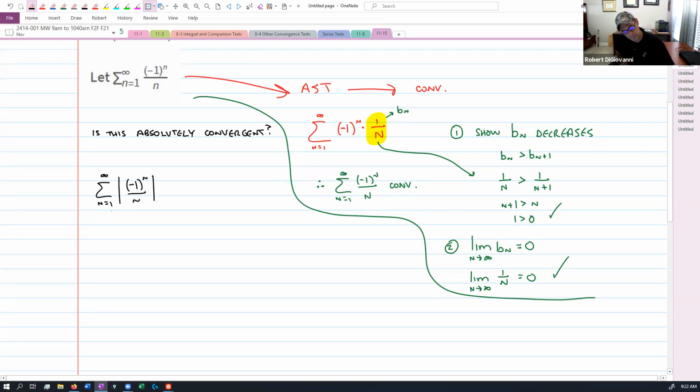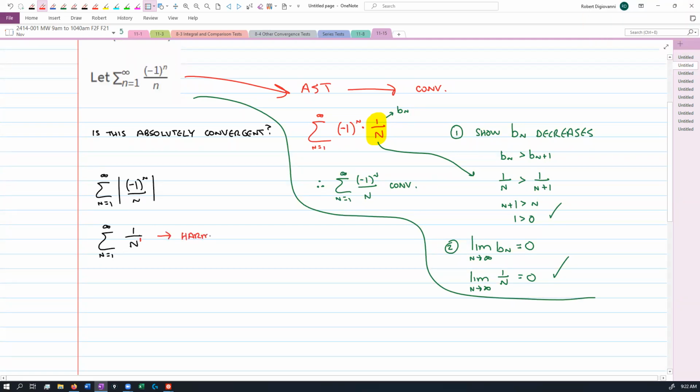When we do that, you no longer need the absolute value. You can get rid of the -1 to the n on top. You just get 1 over n. And that is harmonic. That is a p-series with p being 1, and a p-series with p being 1 is harmonic. So what do harmonic series do? Diverge.